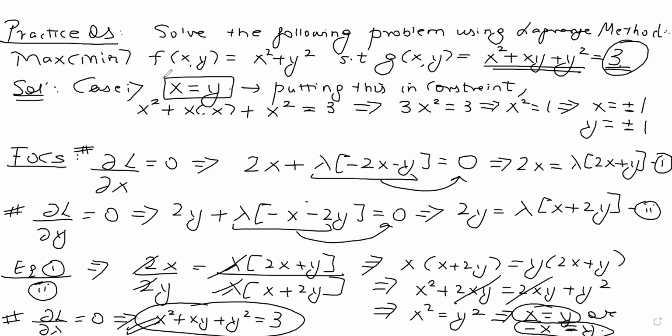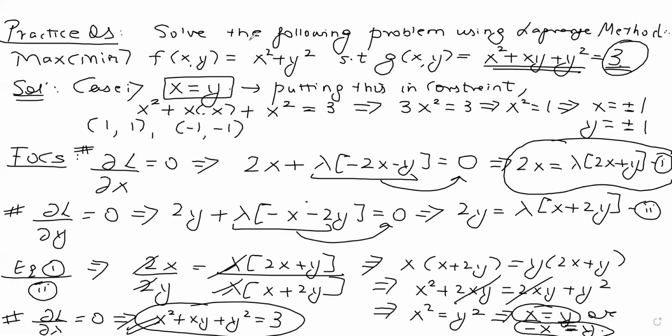Okay, so this is one possible solution I have. So now basically it's giving me the following solution. When x is 1, y is 1. When x is minus 1, y is minus 1. Now I need to solve for lambda also. Okay, so I can find the value of lambda from equation 1. So all students can see this.